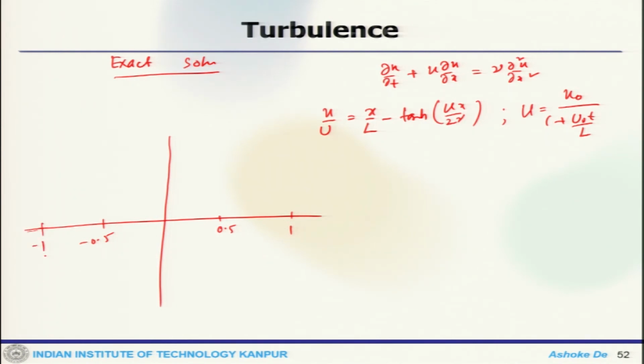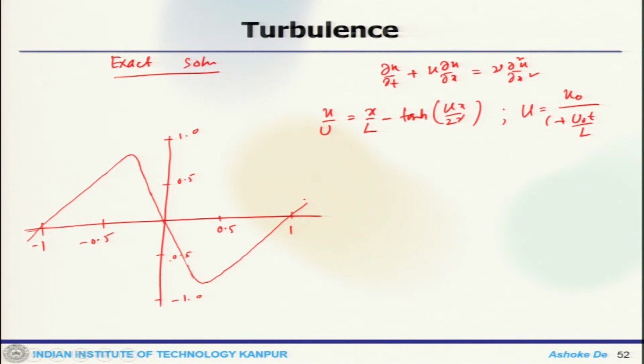and this side 0.5, this could be 1, minus 0.5, minus 1. So, the solution starts from here, goes like this, comes back, and goes like that.